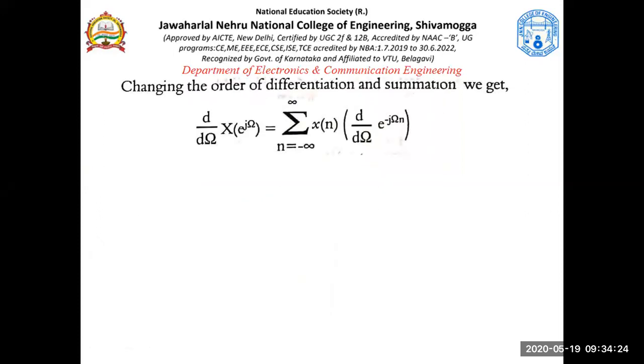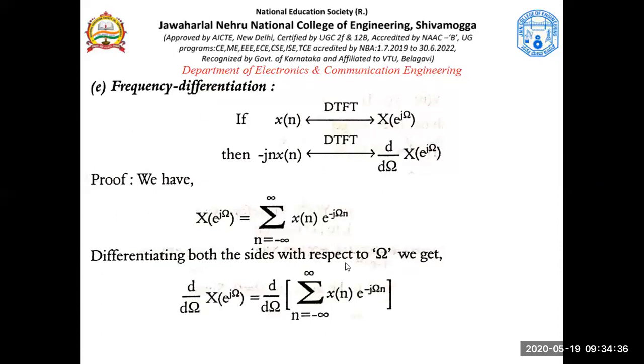Changing the order of differentiation. Why did they take the summation out, and x of n out? Here we are differentiating this signal with respect to omega, and only functions of omega would be within this differential.